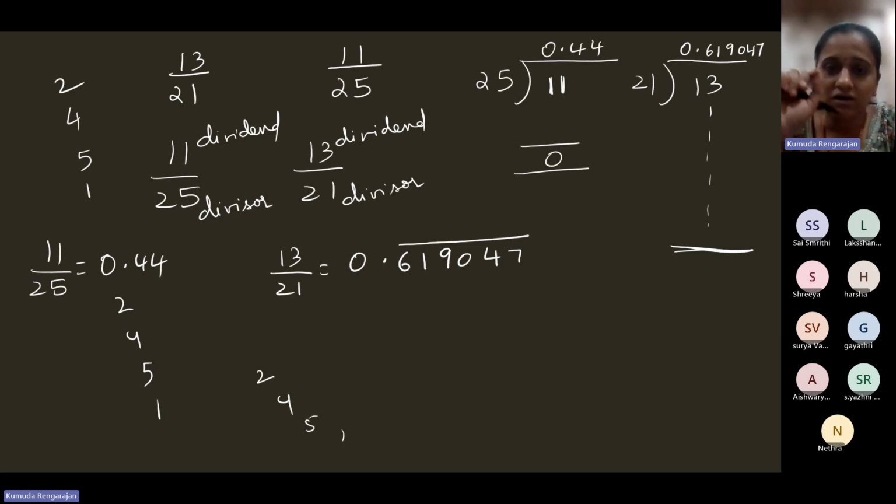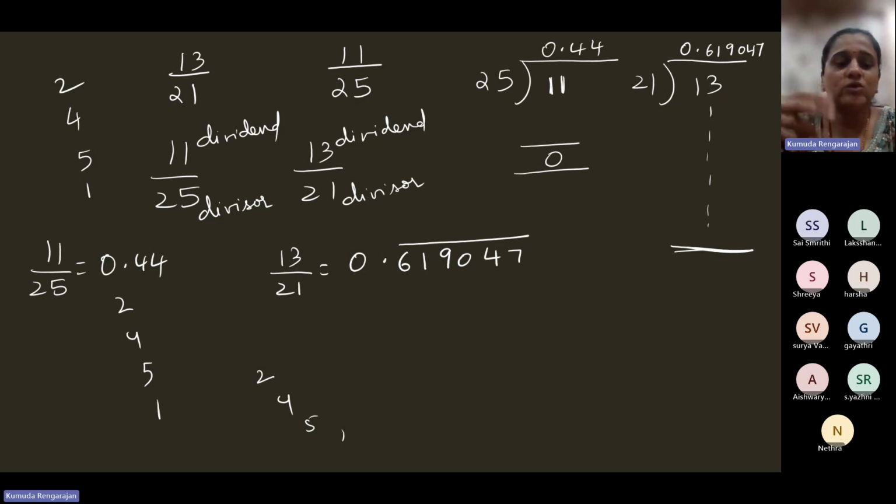Either a remainder repeats itself or a set of remainders. A set of remainders can be 2, 3, 4, 5, 6, 7, any number. So either one remainder, the same number repeats itself, or a set of remainders keep repeating themselves.